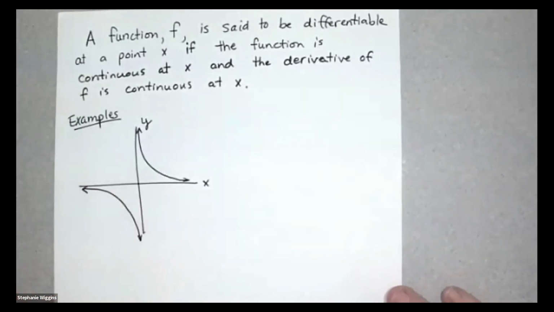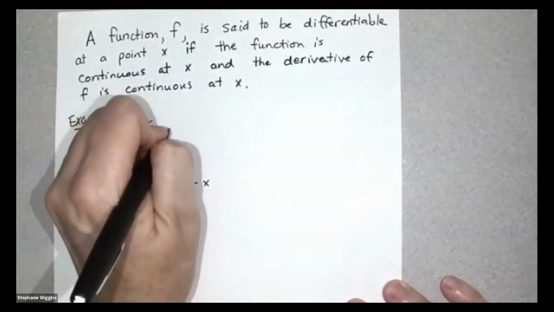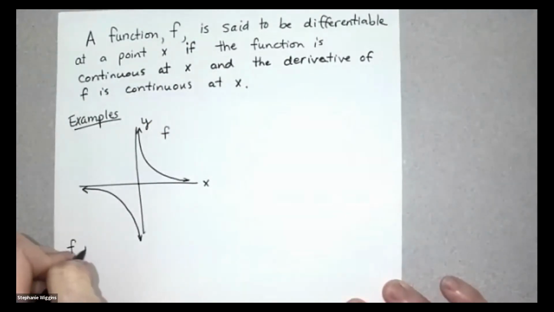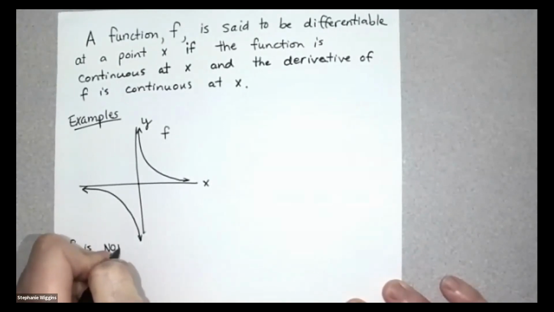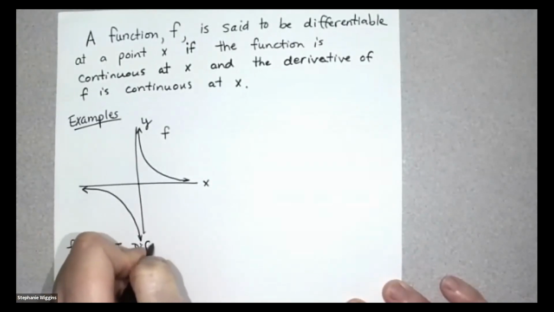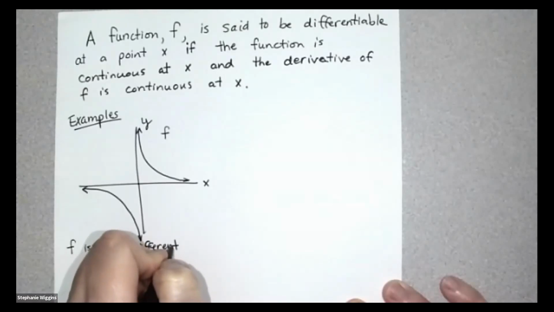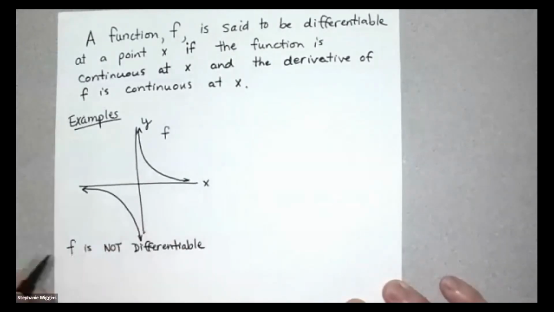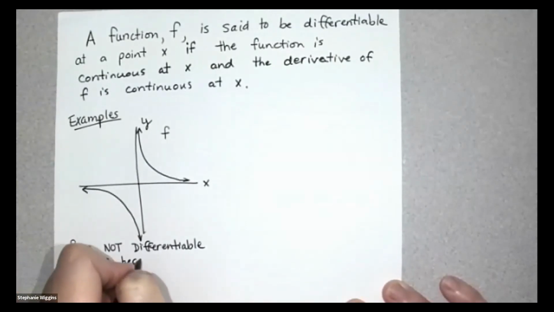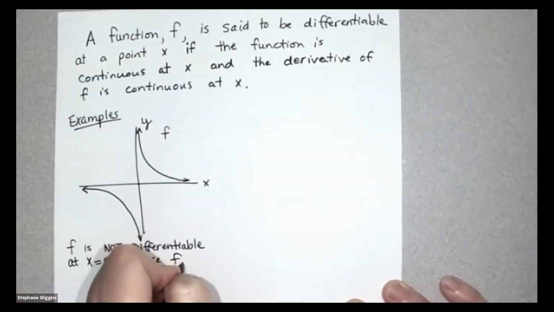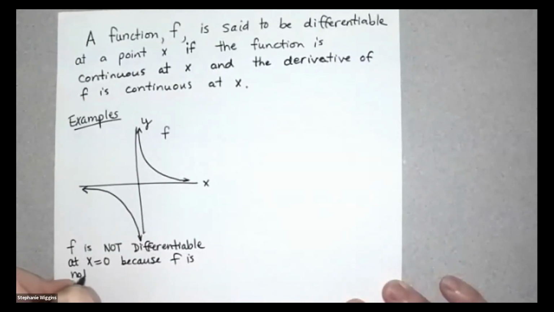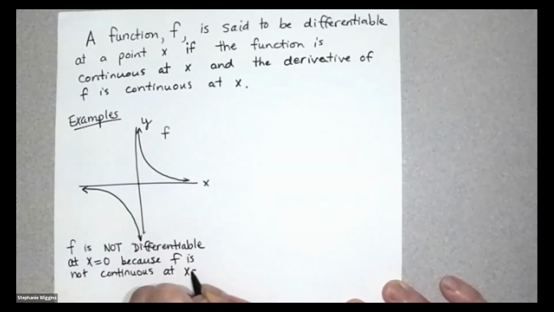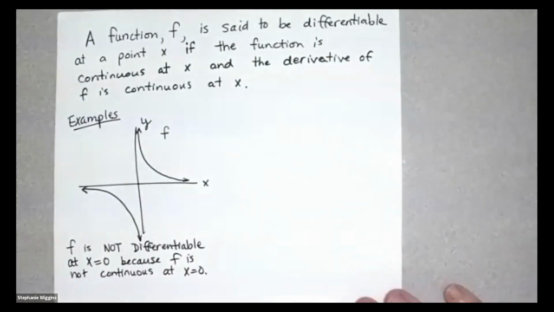Okay, so this function f is not differentiable at x equals 0 because f is not continuous at x equals 0. All right.